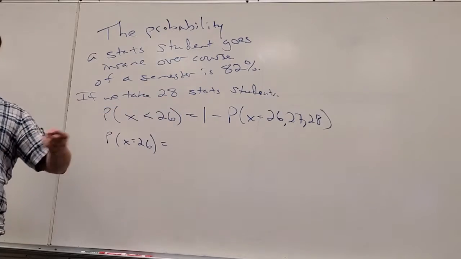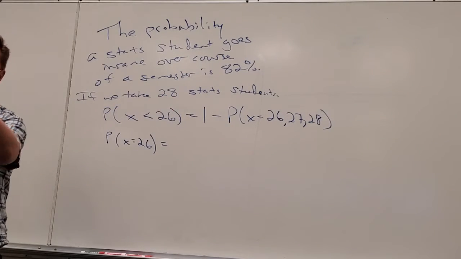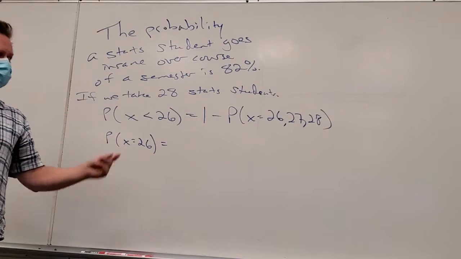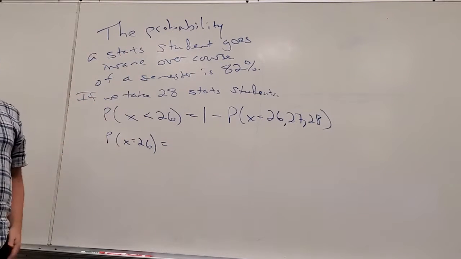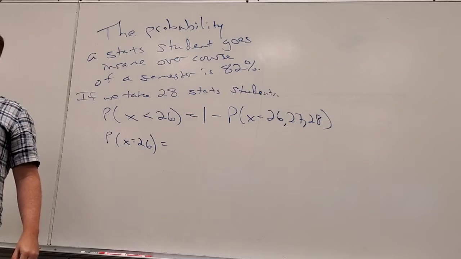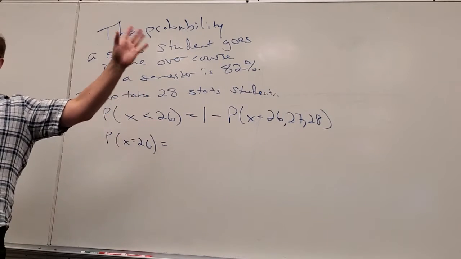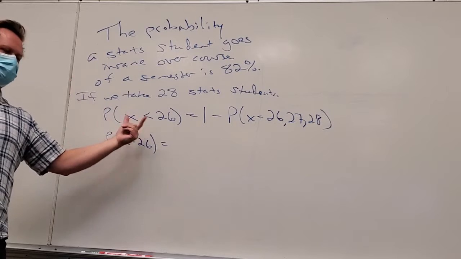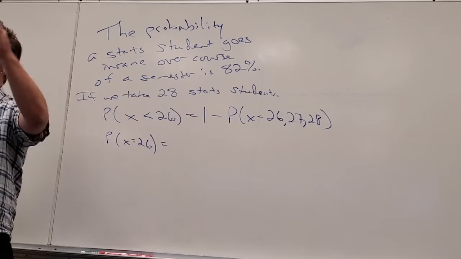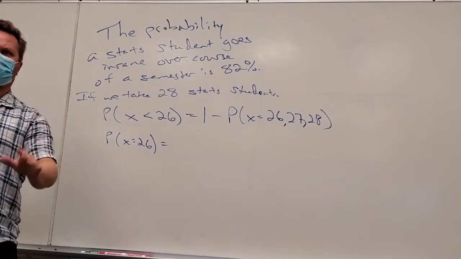X less than 2 is 0 or 1. That's only 2 formulas. I could do that. If I do the opposite, that's 2 or more, up to freaking 28. I don't want to do that. So this is not me telling you that this is the way to do it. This is what you are allowed to do if the question involves too much work. Look at the opposite. Is the opposite better?